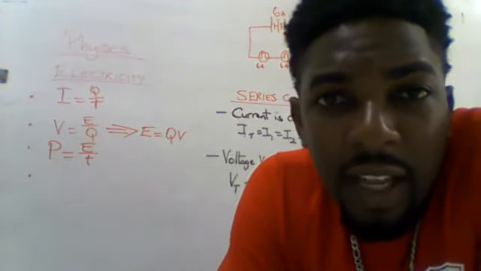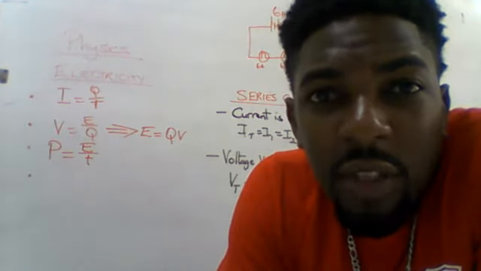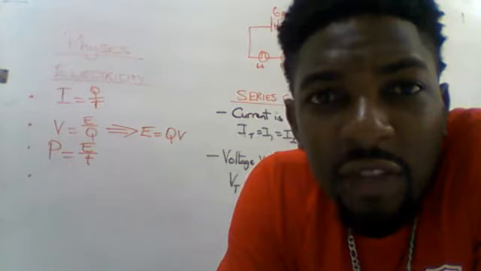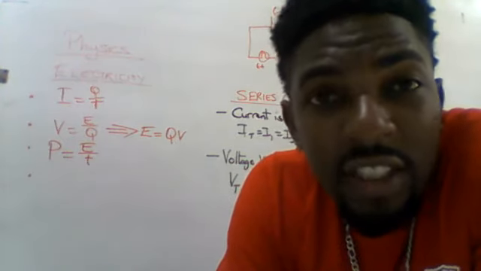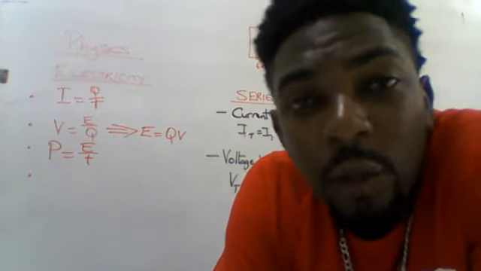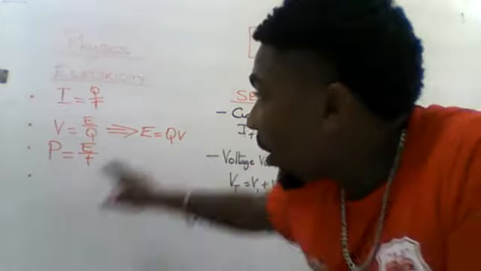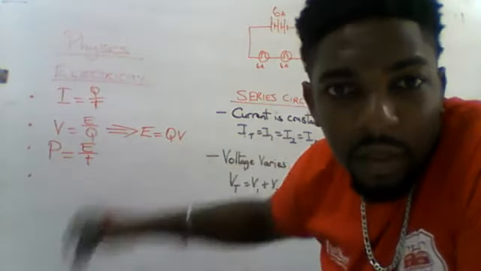And in the formula for potential difference, given that it is energy divided by unit charge, we can rearrange that formula to see that energy is equal to the amount of electrical charge multiplied by the voltage, right? So E is equal to Q times V. Good?